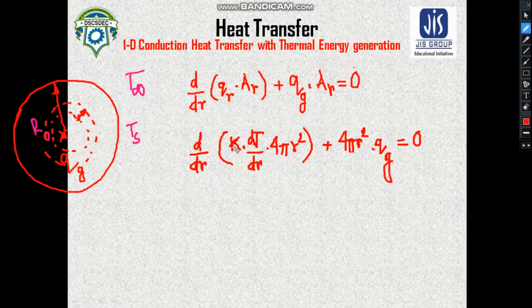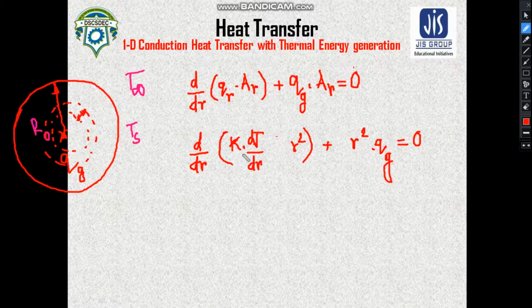Now the term which is varying here is this r. That means we can simply deduct this 4 pi part from both the equations, so that it will remain like this, right?